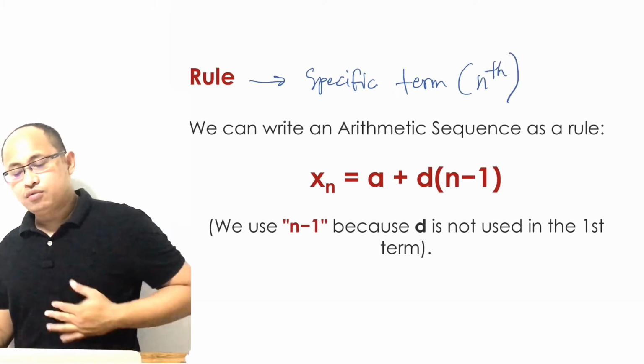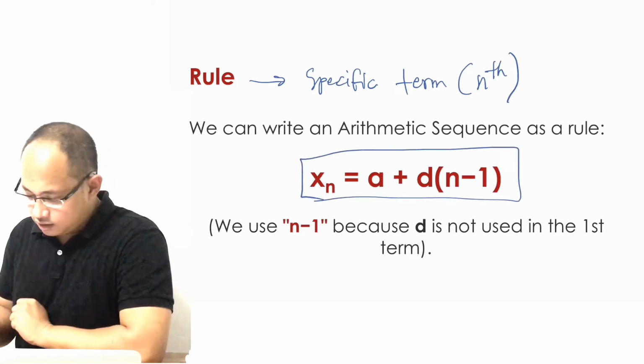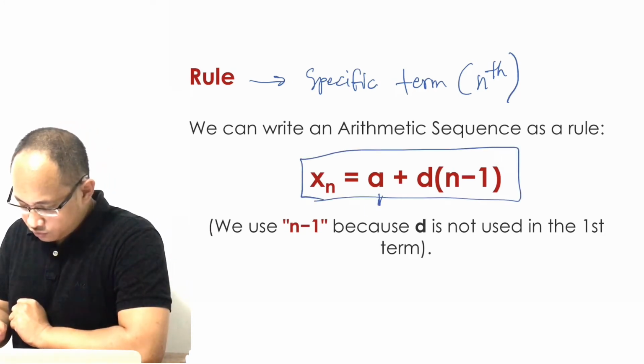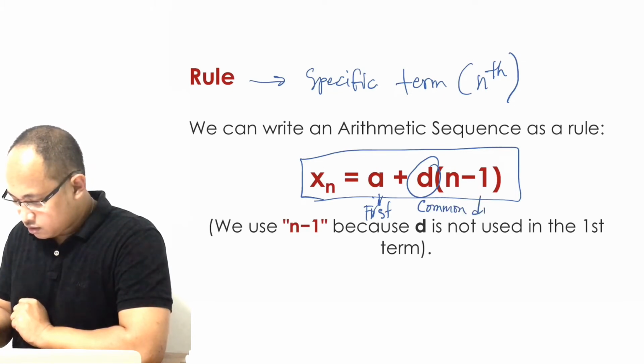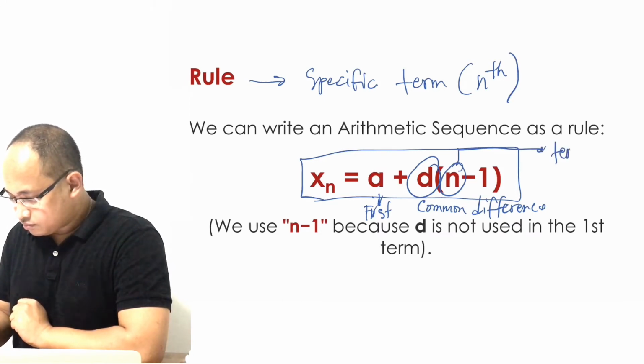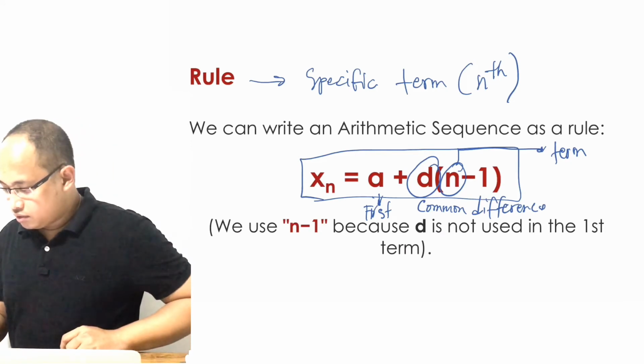If we're looking for a specific term, we can write this formula. Again, A stands for the first term. D stands for the common difference. N here stands for the term, the number of terms. Remember that one always.